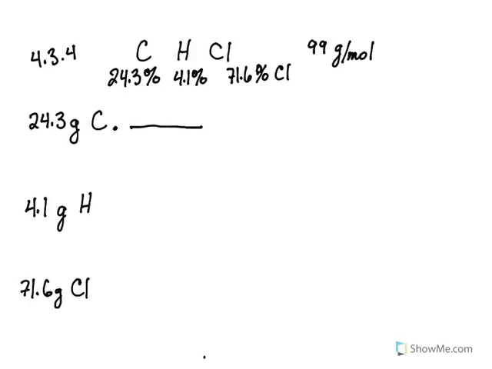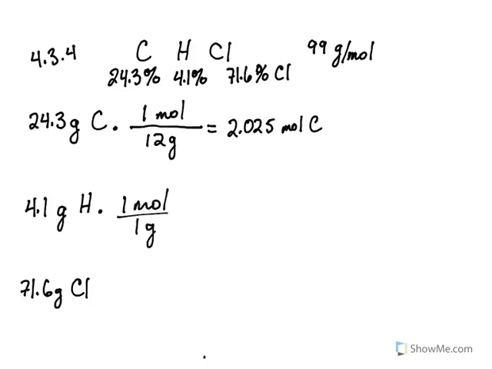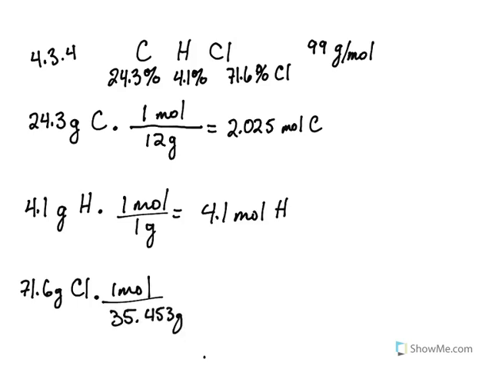We first have to determine the empirical formula, and we do that by converting grams of each element to moles of the element. And when we do that, we find we have 2.025 moles of carbon, 4.1 moles of hydrogen, and 2.02 moles of chlorine.